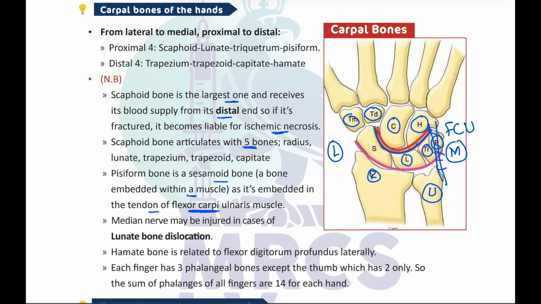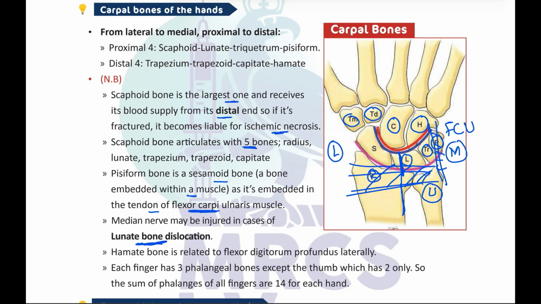So median nerve can get injured in case of lunate dislocation. So we know that median nerve is going to enter the anterior aspect from the forearm into the hand. It is going to lie almost around over here, and there will be flexor retinaculum over it, and it is passing through the carpal tunnel.